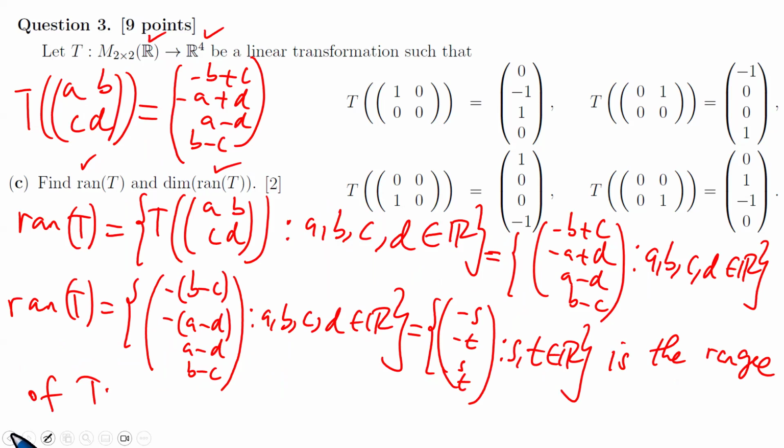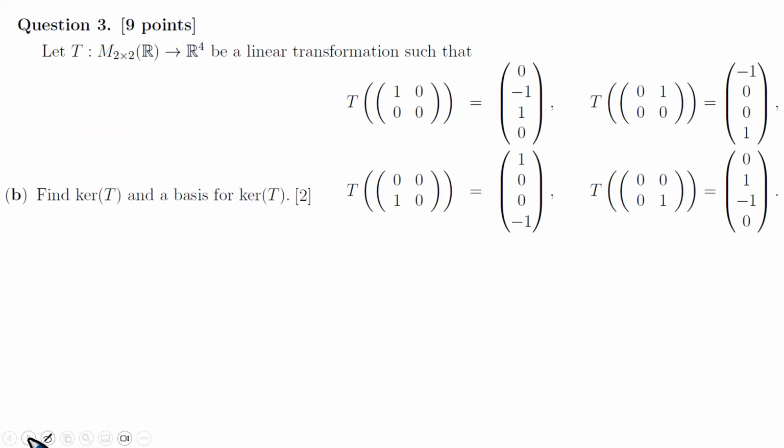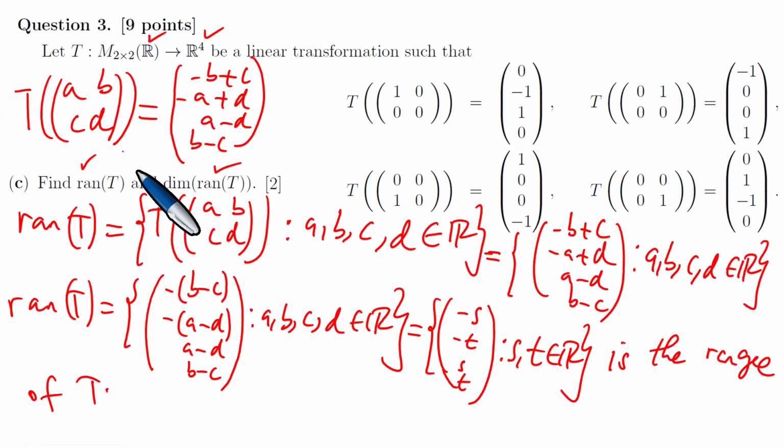It's perfect. Let me see. Okay, yeah, there might be a small typo. Let me just check this. Okay, I want to check something here. There's a small typo here.